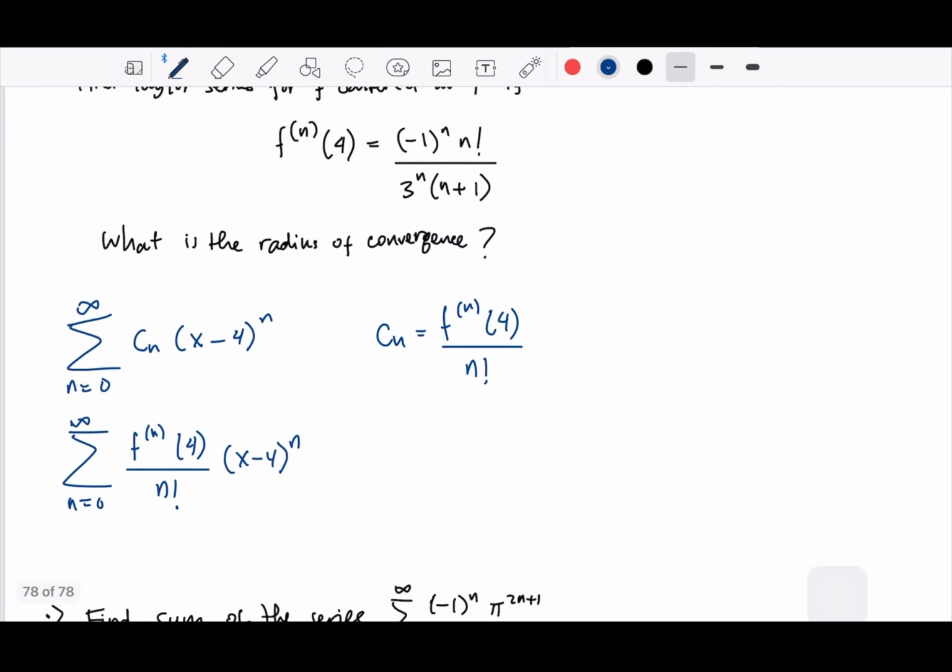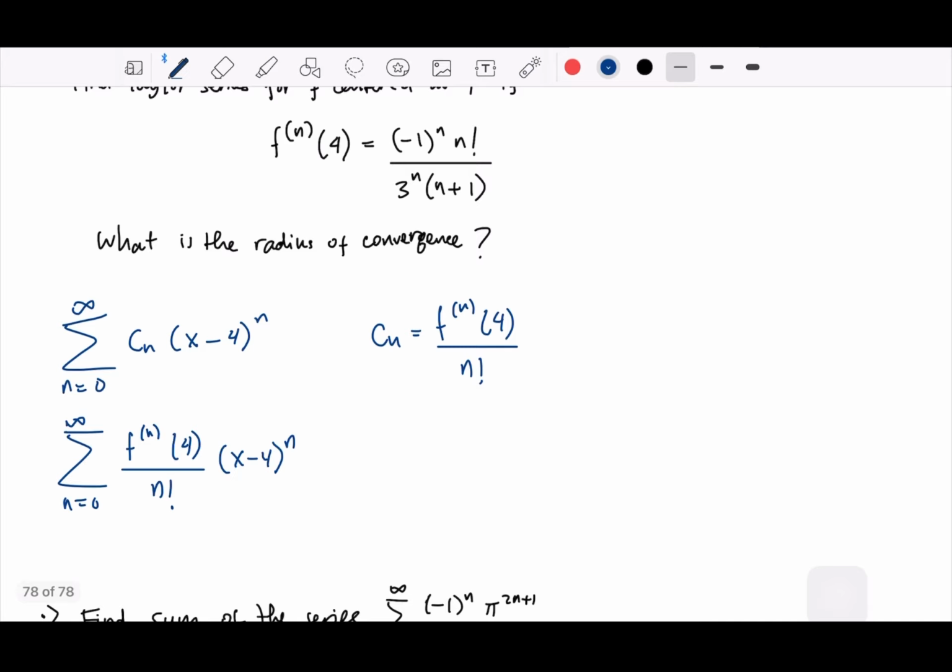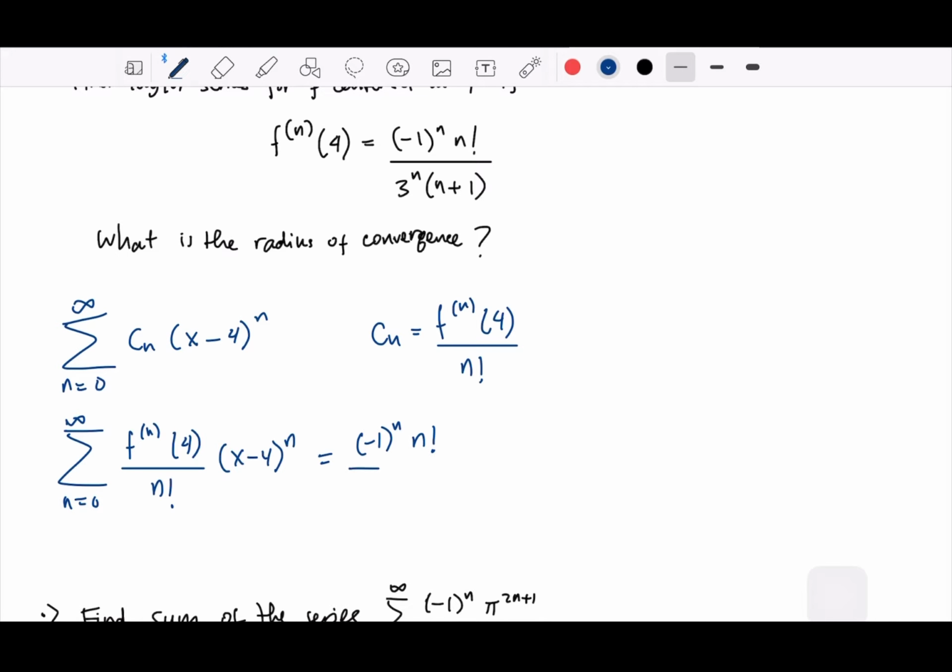Now we need to rearrange and look at f^(n)(4), what we have. So we need to exchange these variables, change with the given information. So we substitute. This will give negative 1 with power of n and factorial, and then divide by 3 to the n plus 1 and then n factorial, and then x minus 4 with power of n.